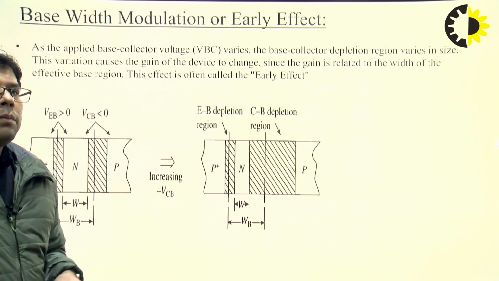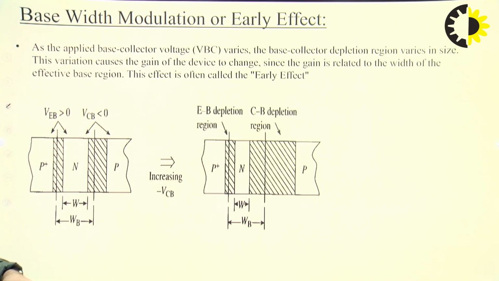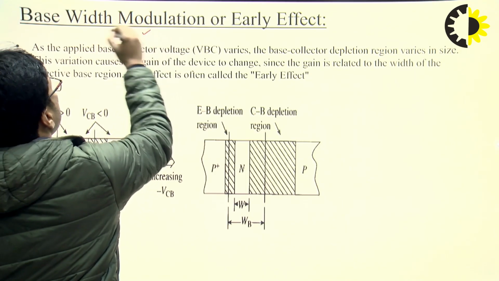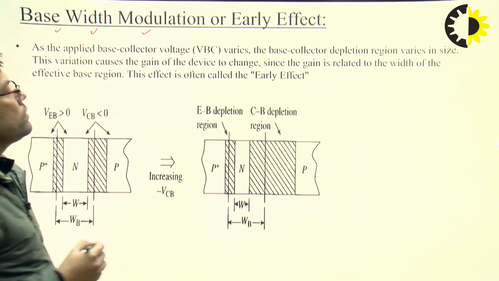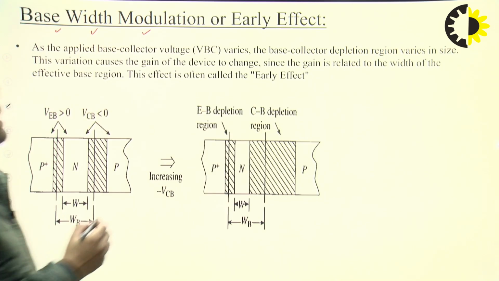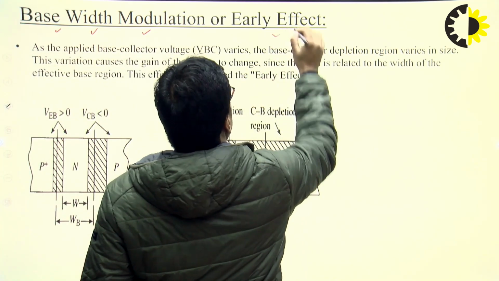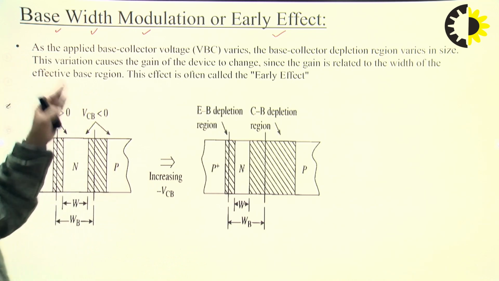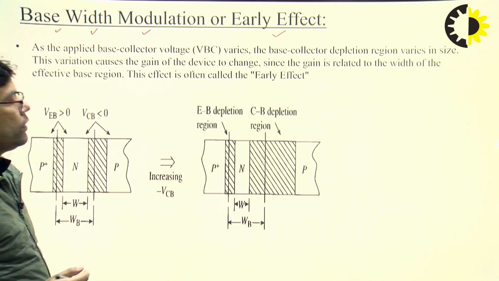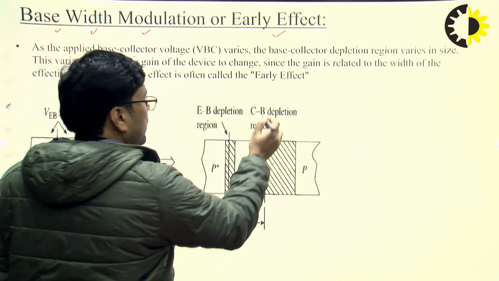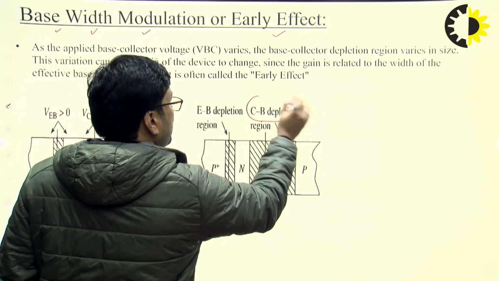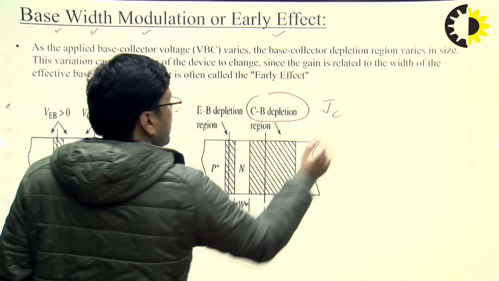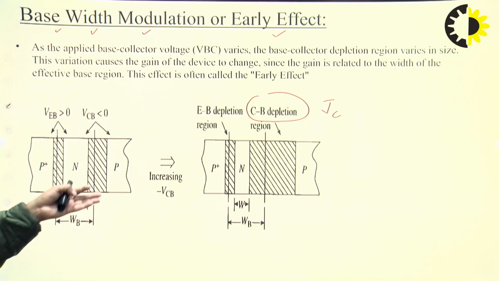Next topic is the base width modulation. As the name suggests, it is modulation in the width of the base, that is, a change in the width of the base, and this effect is known as the early effect. Base width modulation generally happens due to the reverse bias connected at the collector base junction, that is the JC junction.